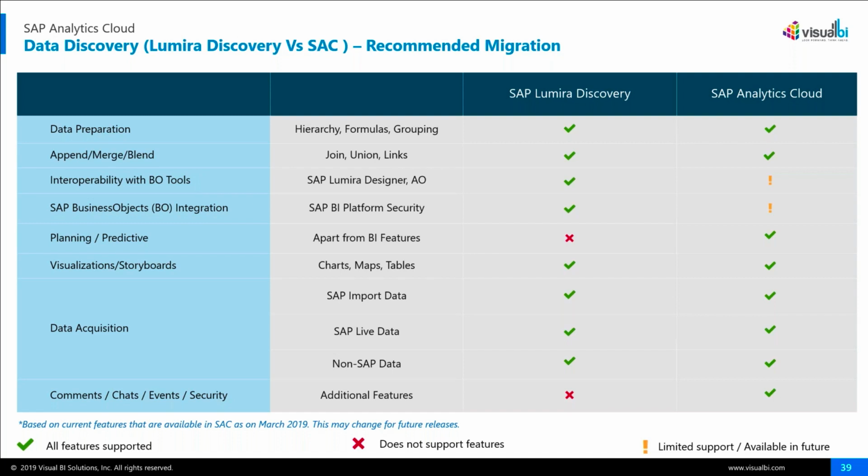When we do the self-service comparison, you will see Analytics Cloud has matured on those data discovery use cases pretty well. And that is our recommendation. If you are using Lumira Discovery, start planning to migrate to Analytics Cloud, because Lumira Discovery is only in support mode with no innovation.